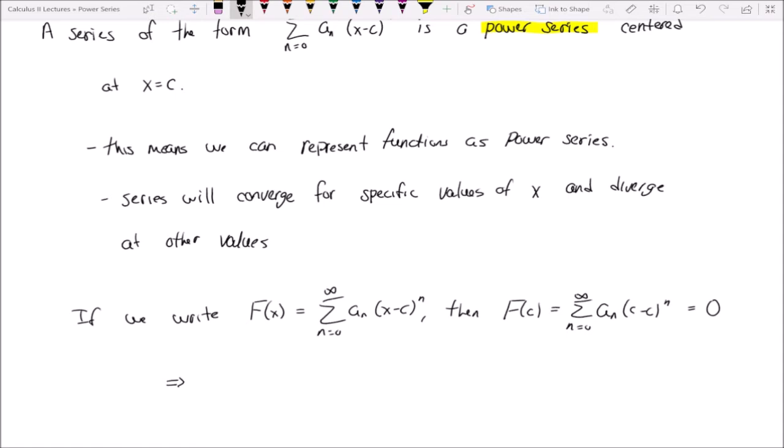Which means that this power series will always converge at c. So a power series always converges at its center. We will examine this further.